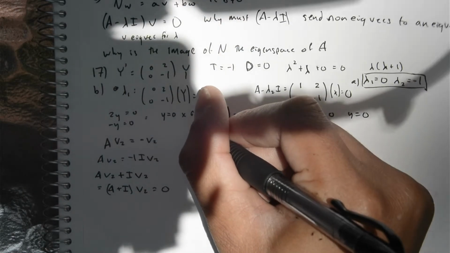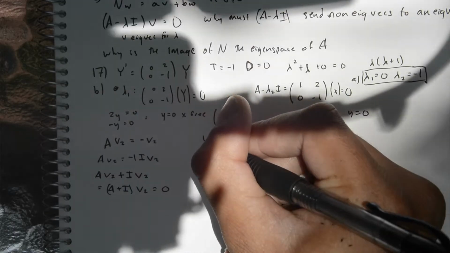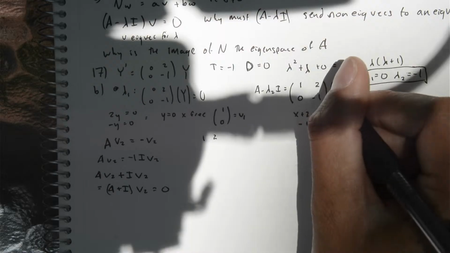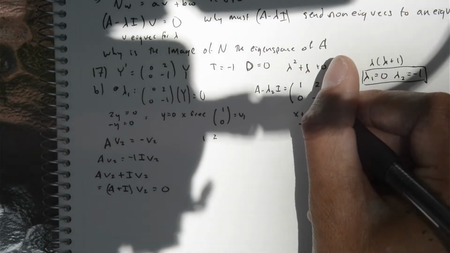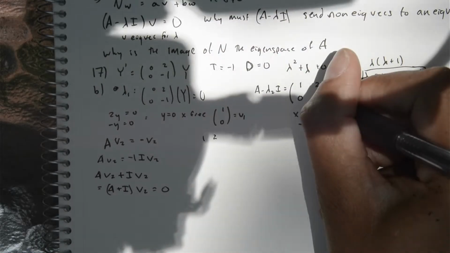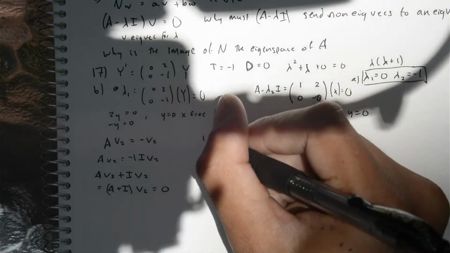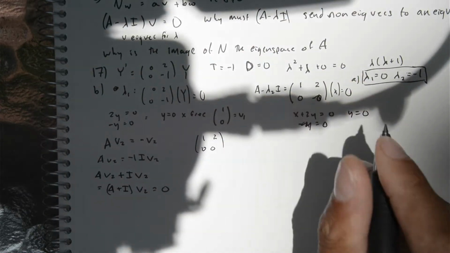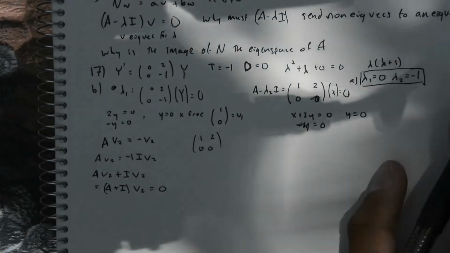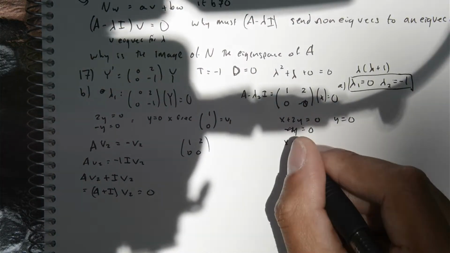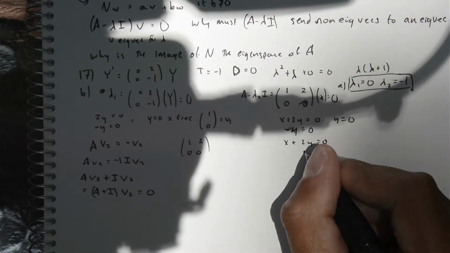So yeah, it's going to be 1, 2. Oh wait, how did this happen? Yeah, what? This is 0. Okay, so yeah, it was just a bug. Okay, that's fine. So we get x plus 2y is equal to 0, and 0 equals 0.